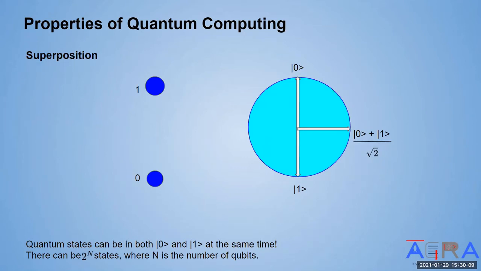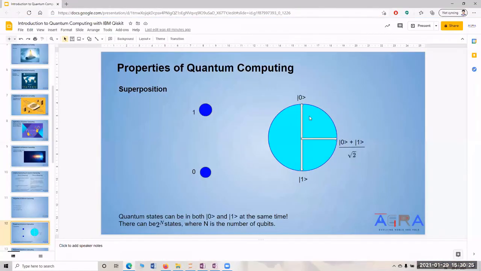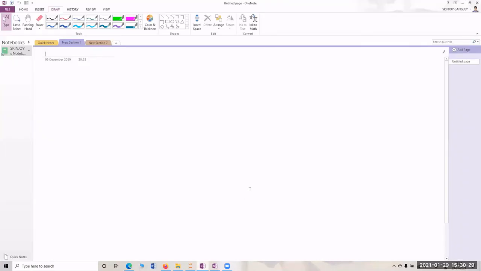Superposition is when the qubits, or more generally quantum states, can live in a complex linear combination. How complex linear combination? Let's see.